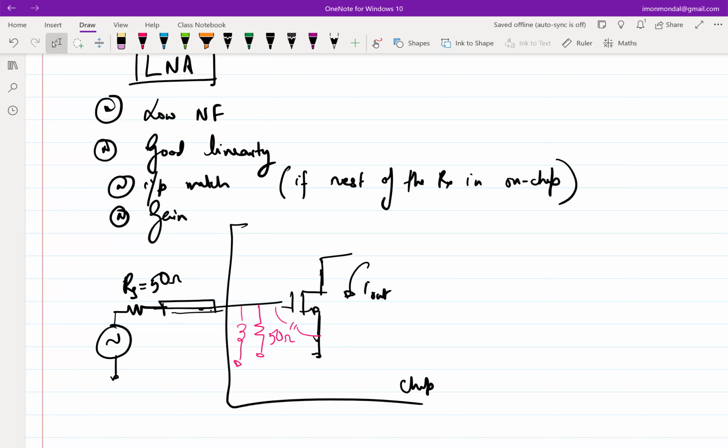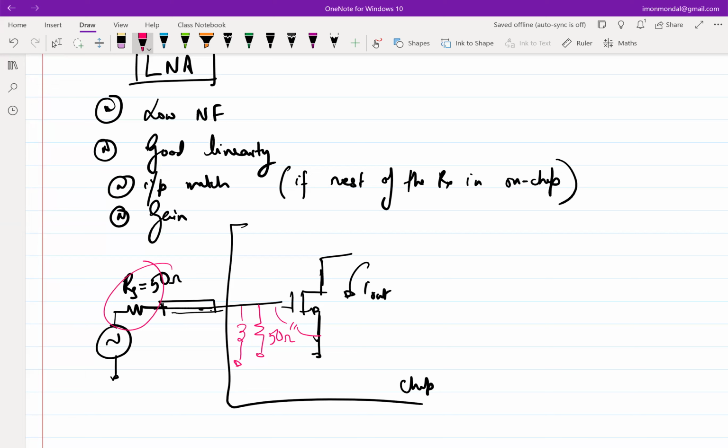Noise will be a problem. The noise matching is a problem, right? So noise of the resistor directly comes out. Why? Because ultimately, you cannot do anything about the noise of RS. This will always be there. So in the noise factor, the 1 plus, the 1 is basically the noise due to RS. The plus is whatever is the additional.